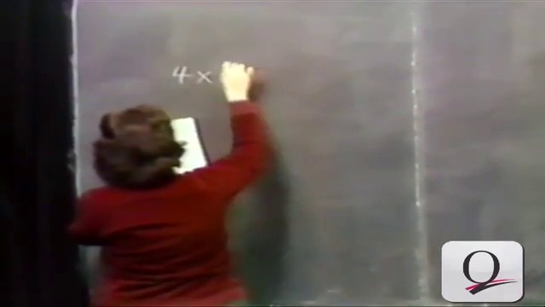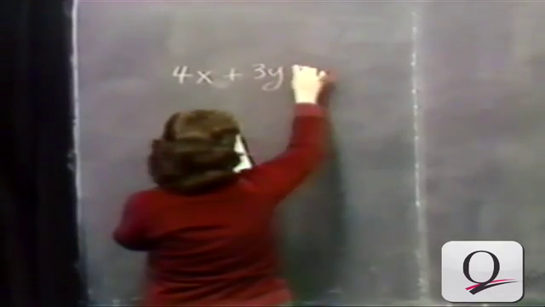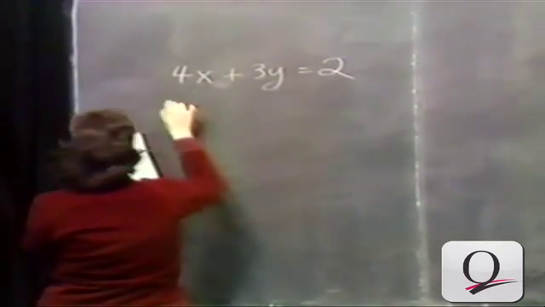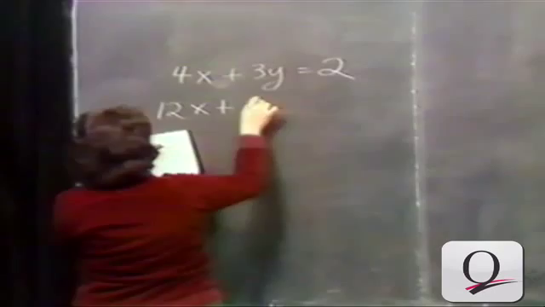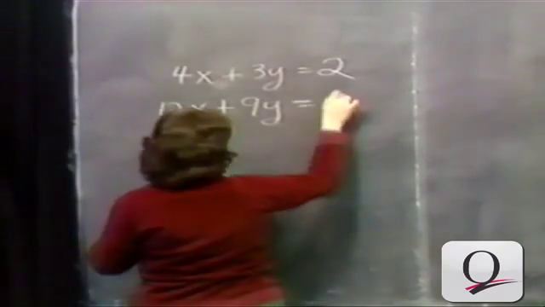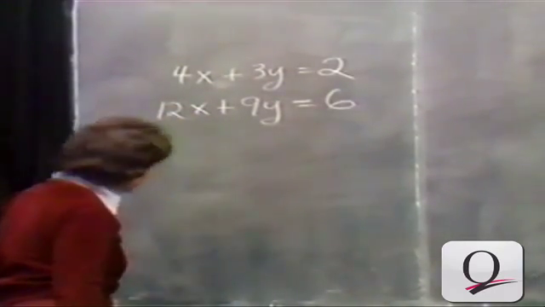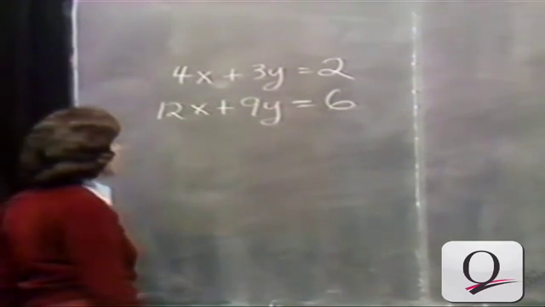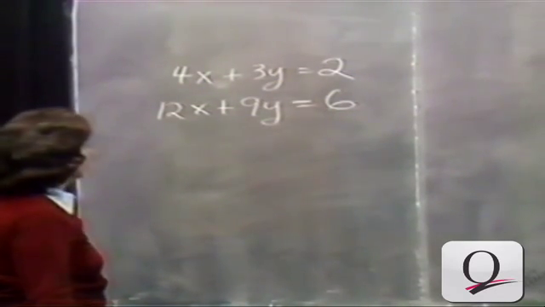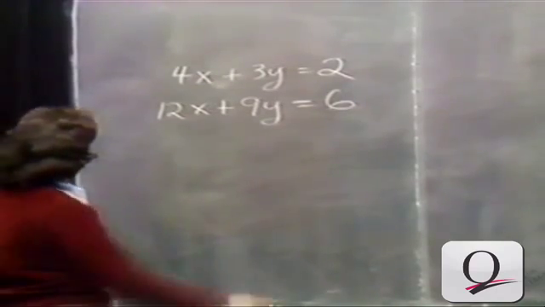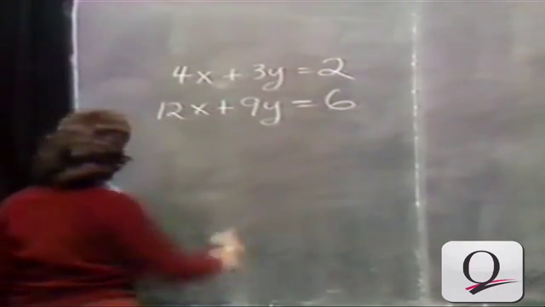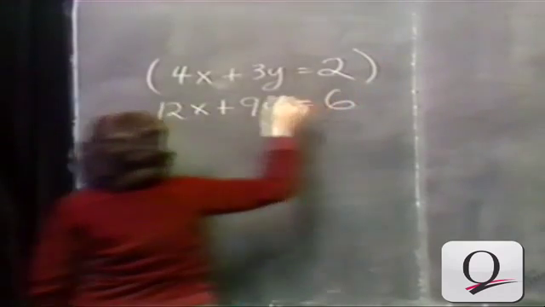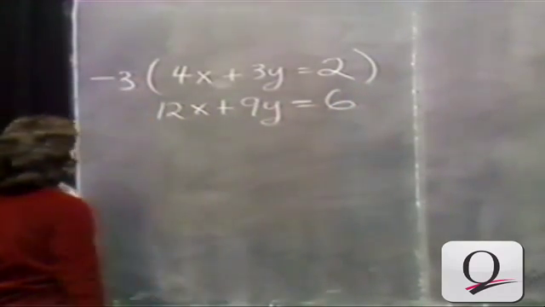Let's say we want to solve simultaneously 4x plus 3y equals 2 and 12x plus 9y equals 6. Let's say we want to eliminate the x. Let's multiply the top equation by minus 3.